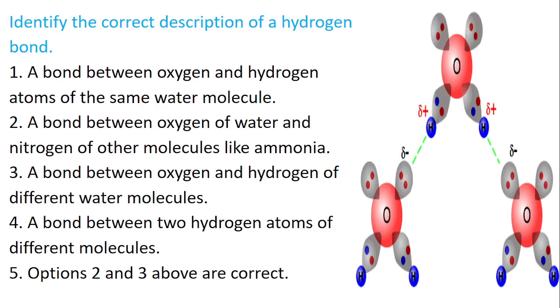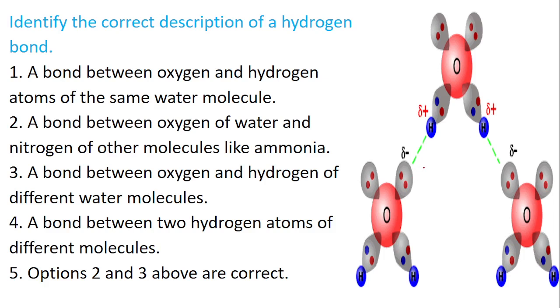Because of these partial charges, there is an electrostatic force between them, and this electrostatic force is an interaction known as the hydrogen interaction. But we know that the hydrogen interaction is a very strong interaction, especially in water. As a result, it's referred to as a hydrogen bond and not a hydrogen interaction.